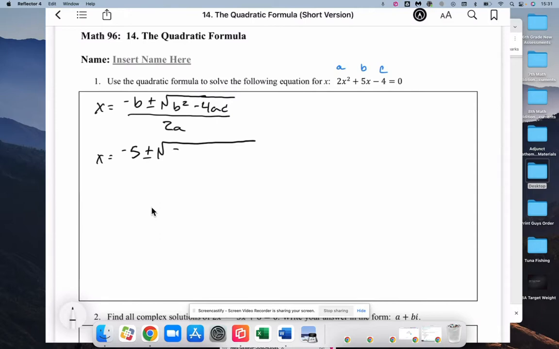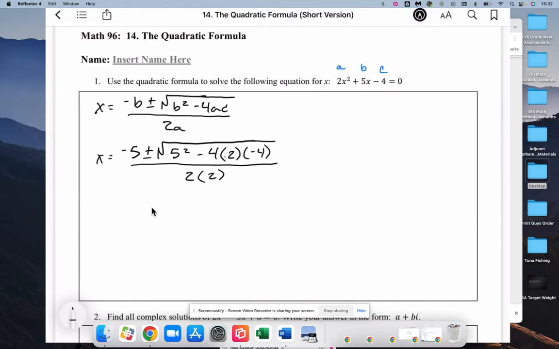Again, our b value is 5, so 5 to the power of 2 minus 4 times our a value is 2, and our c value is negative 4. And again, I think a lot of people are going to make the mistake of putting a 4 in there instead of negative 4. It's a common error. So those to me are the places where we're going to run into headaches. And then all of that is over 2a, so 2 times 2.